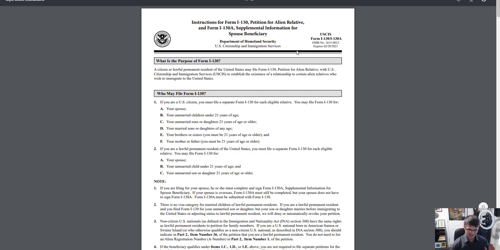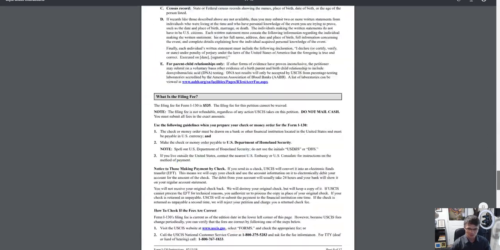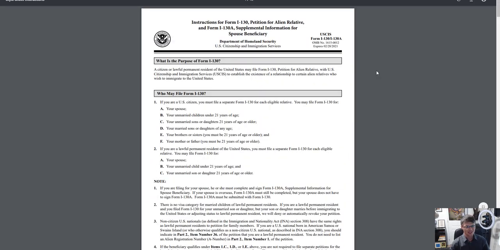Read through the instructions. It's not too much information. It's only 12 pages, but you do want to definitely read through everything that is written here, because you don't want to start doing something in the application and miss something.